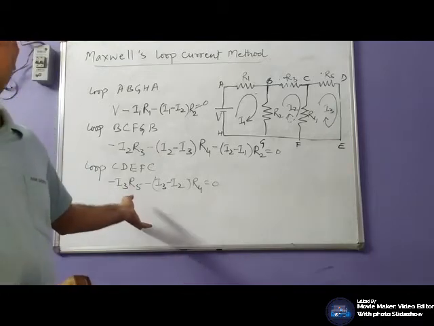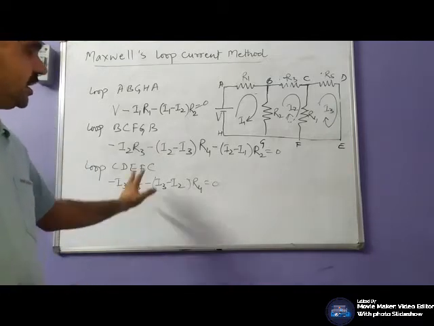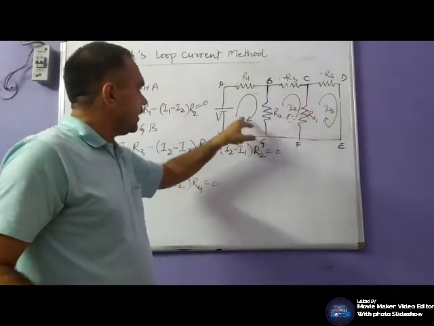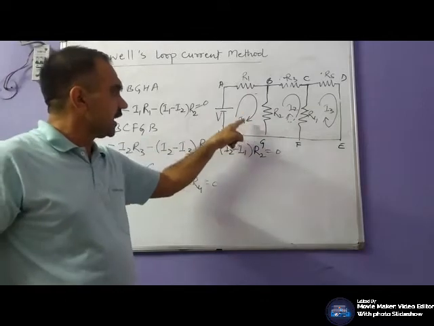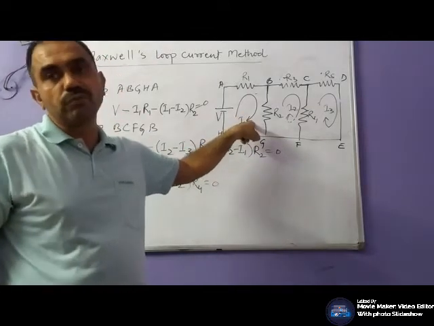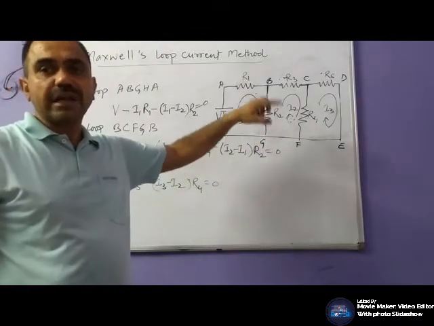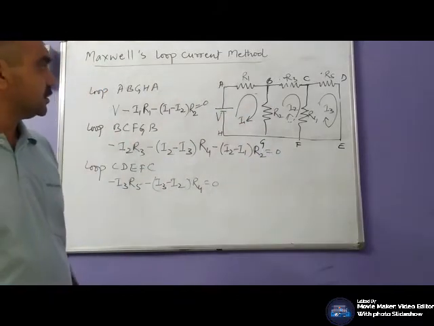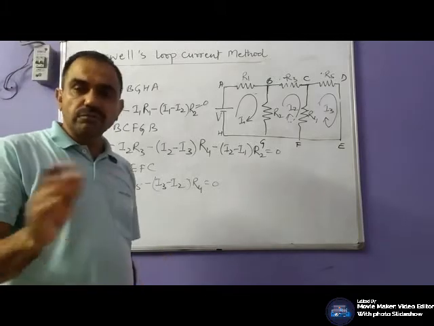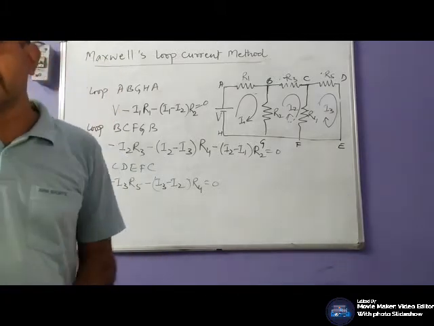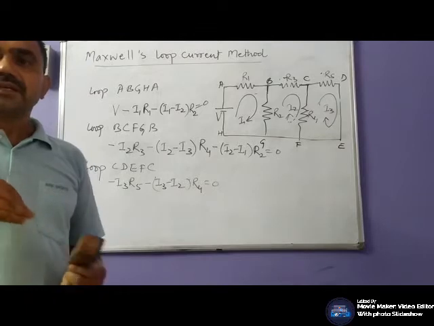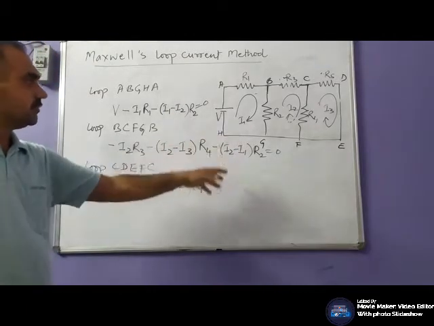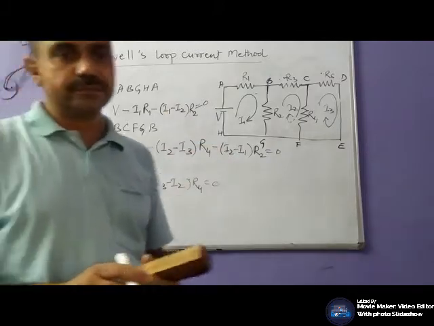So we can find out the branch currents. So here simply no change, we have considered the branch current and direction, our direction of travel is the direction of loop current. So in place of branch current we have considered loop current and drawn the equations. The method would remain the same as Kirchhoff's voltage law, but with a slight change in the technique by which we can solve it.